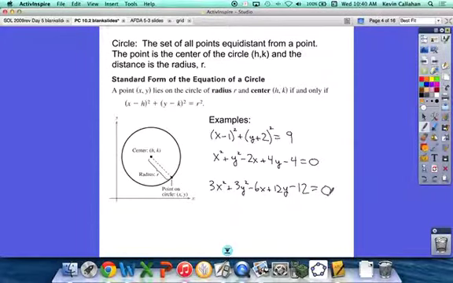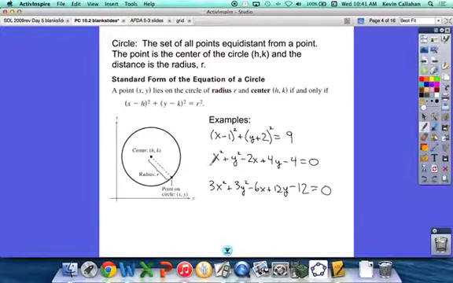That's a general second degree equation. And just by looking at it, recognize what shape it is. The standard form of a circle is (x minus h) squared plus (y minus k) squared equals r squared, the radius. The first example is exactly in that form. So you know that the center of the circle is (1, -2) and the radius is 3.